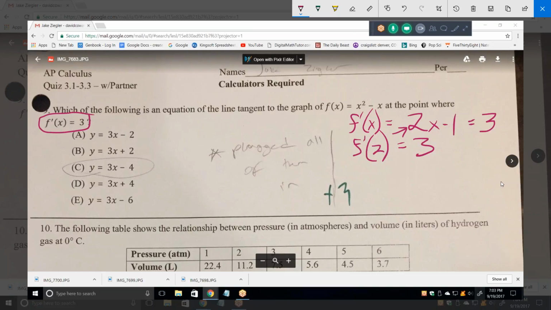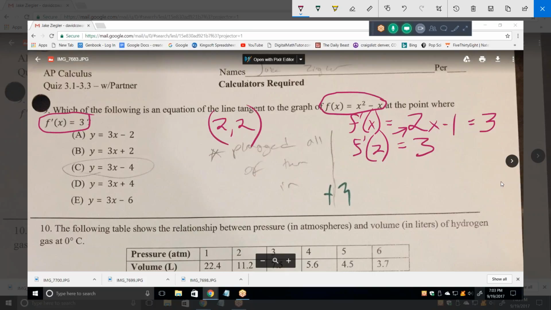So when x is 2, what is f of 2 in the original function? 2. Yeah. So the point 2 comma 2 is on our function, right?